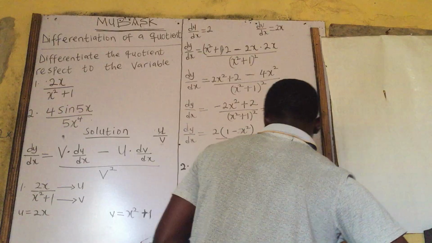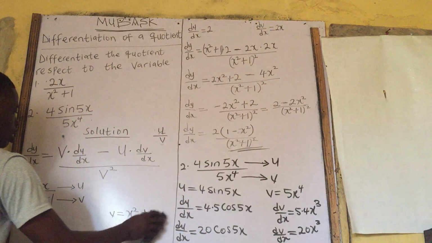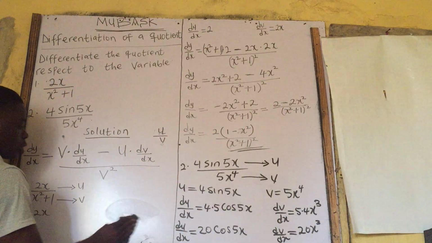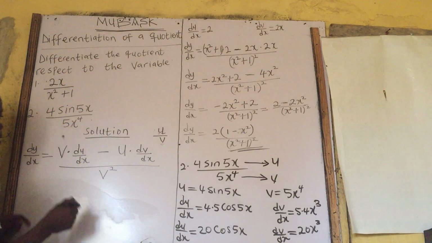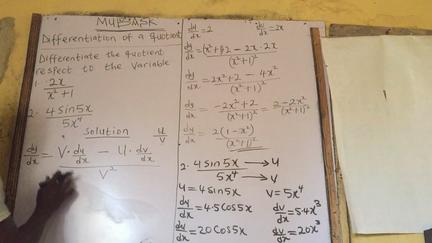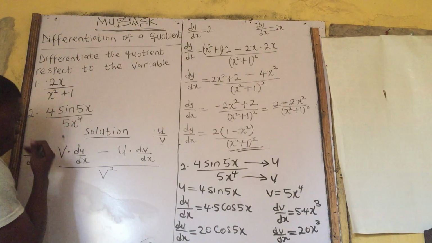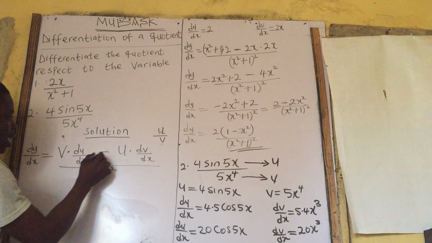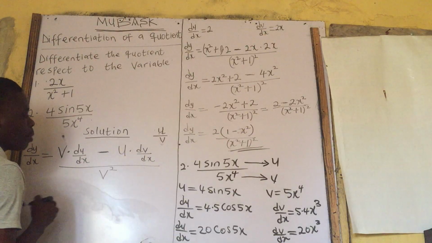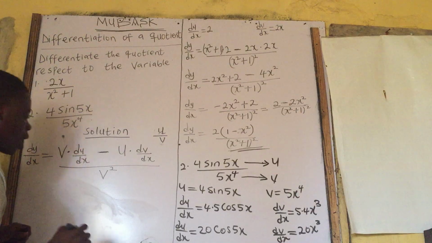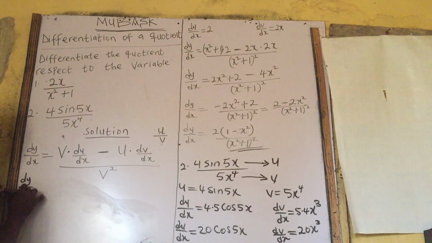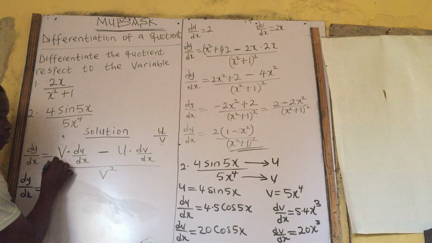Now, we can solve it into the formula. Let me clean this place. Which is what? dy over dx equals v multiplied by du over dx minus u multiplied by dv over dx, all divided by v squared. Now, dy over dx equals what?